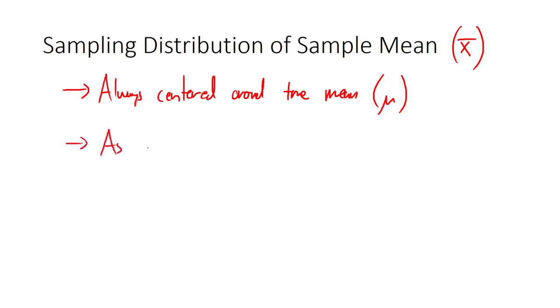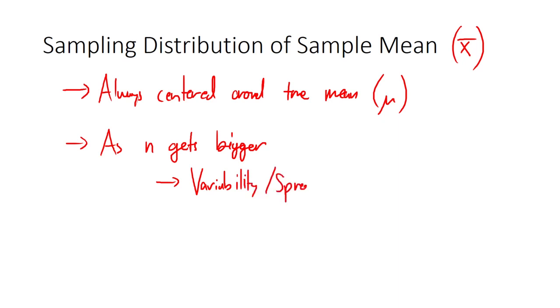And as n got bigger, what happened? Two things happened. What's one of the things that we saw? Yeah, so the variability or the spread decreased, right?